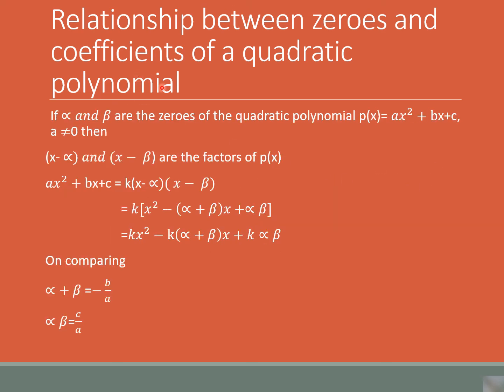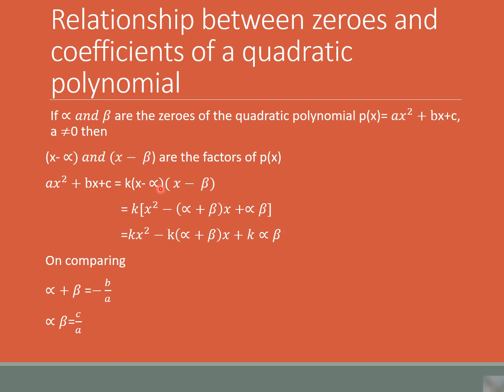So what is the basic relationship? We are saying that if alpha and beta are the zeros of the quadratic polynomial p(x) equal to ax square plus bx plus c, where a has to be non-zero, then as you know, if alpha and beta are the roots, x minus alpha and x minus beta are the factors. This we have discussed in grade 9 also. So we can write the polynomial as k into (x minus alpha) into (x minus beta).